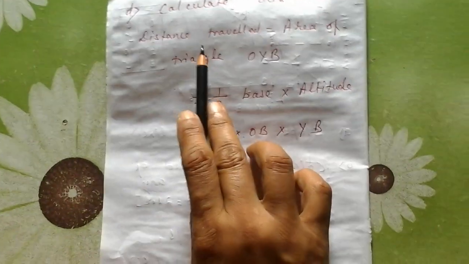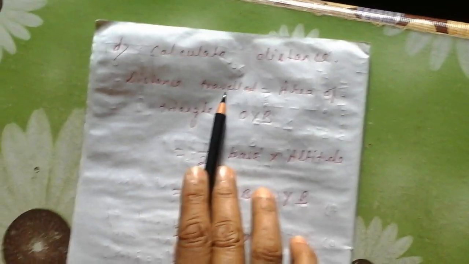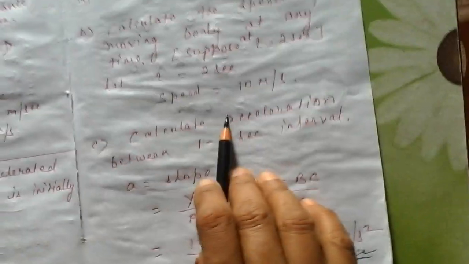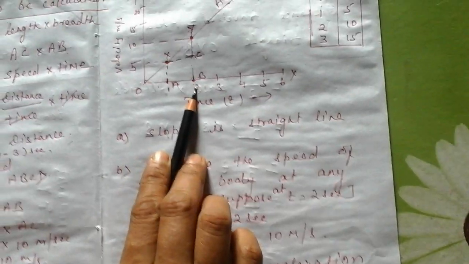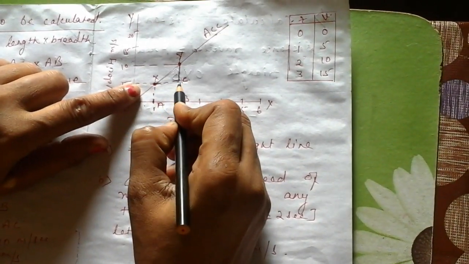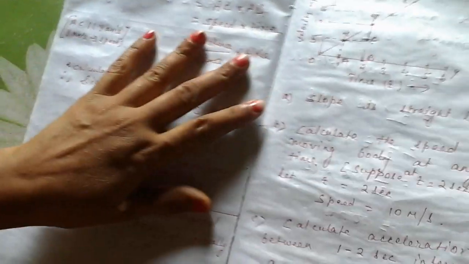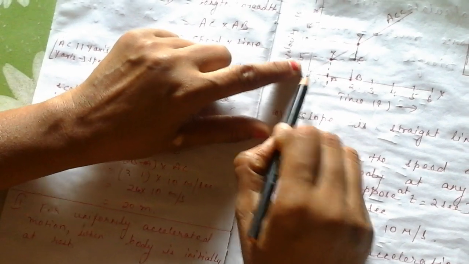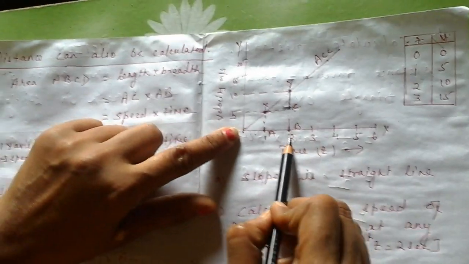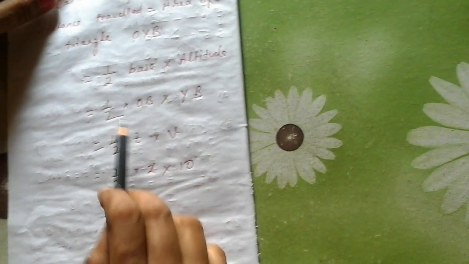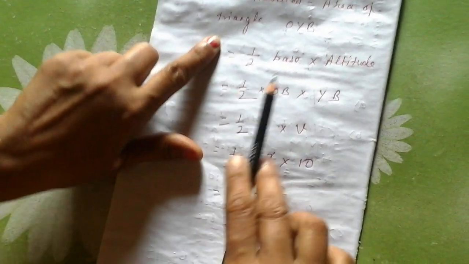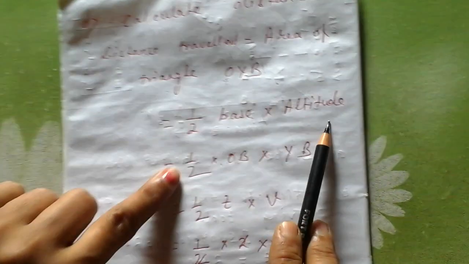Next, how do we calculate the distance travelled? Here you are seeing the distance travelled; the time interval I have taken is from 1 to 2 seconds. Here the distance travelled is the area of the triangle XYC. If you take it from the initial position, it will be OYB. You know the area of a triangle is half base into altitude.